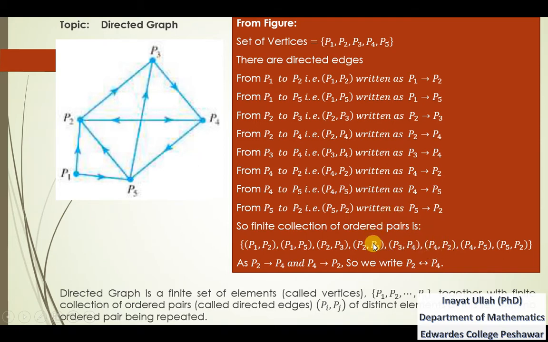So no ordered pair is repeated here. That is the definition of a directed graph: a finite set of elements called vertices, together with a finite collection of ordered pairs, such that no ordered pair is repeated. So that's how we define a directed graph.